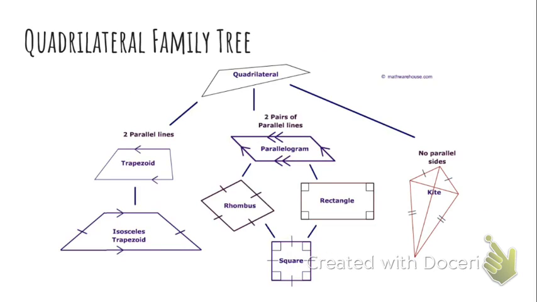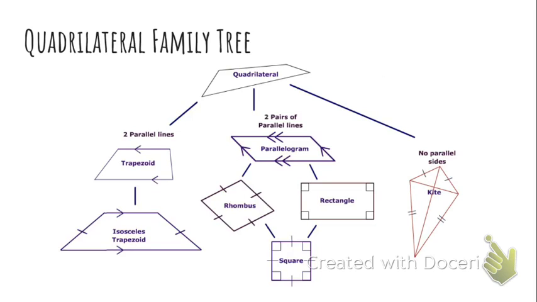All right, so here is a great summary of a lot of what we've talked about in this chapter. We've got this quadrilateral family tree. You can find versions of this, or possibly even the same family tree, if you do a Google search for something like quadrilateral family tree or quadrilateral chart.